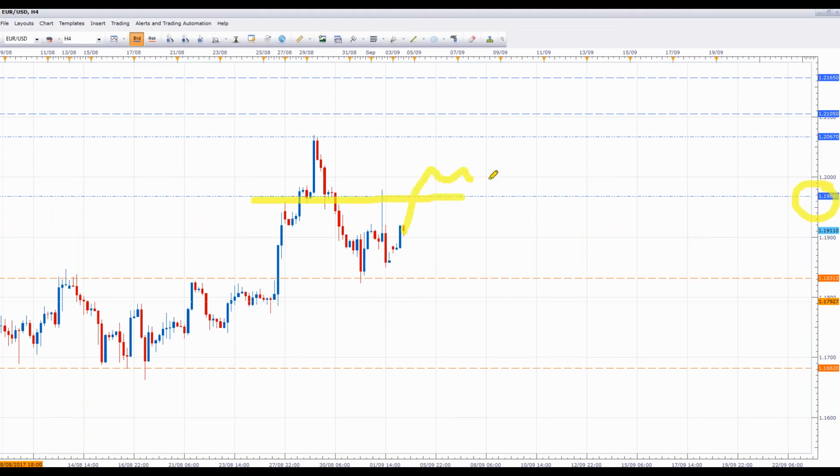So we get into this area over here. This is the safest place to start looking for longs.